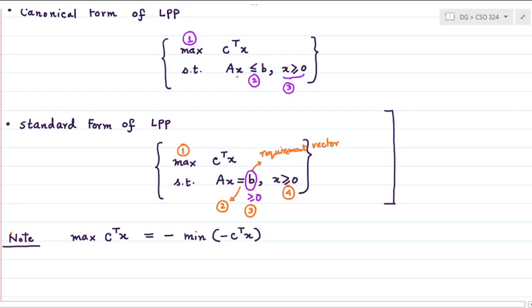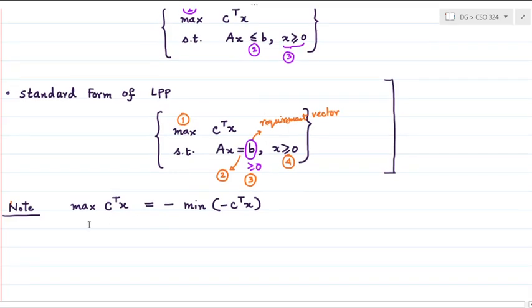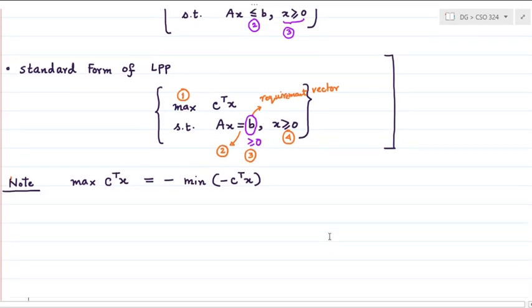With the help of them we will be able to convert any given linear programming problem into the standard form, and therefore any given linear programming problem can be equivalently placed as a standard form, and thus there is no loss of generality if we develop theories of linear programming only for the standard form of linear programming problems. Fine. A few standardization processes are as follows.